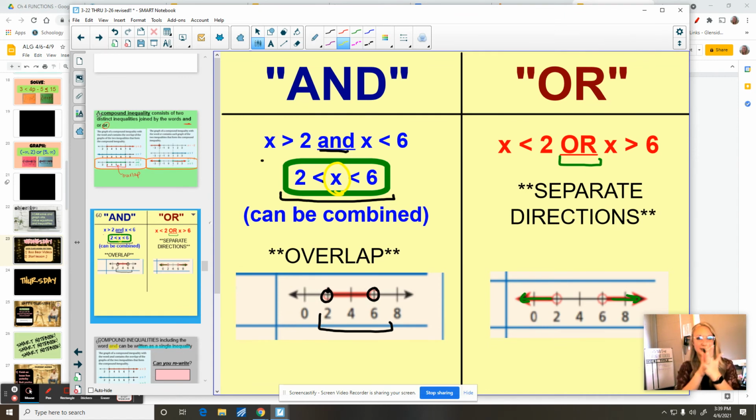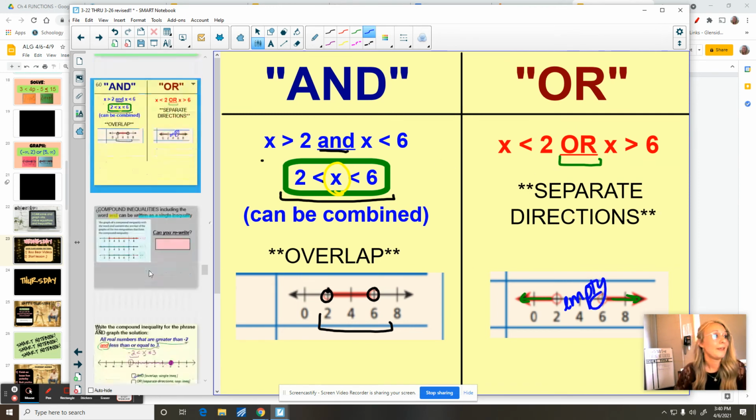There's space in the middle there. When we have an or inequality, it's going to be shooting off into separate directions. And you'll notice that there's empty space here, which is almost kind of like where your variable, no, never mind, that's for and. Ignore me. This is just an empty space because those numbers are not covered by your compound inequality.